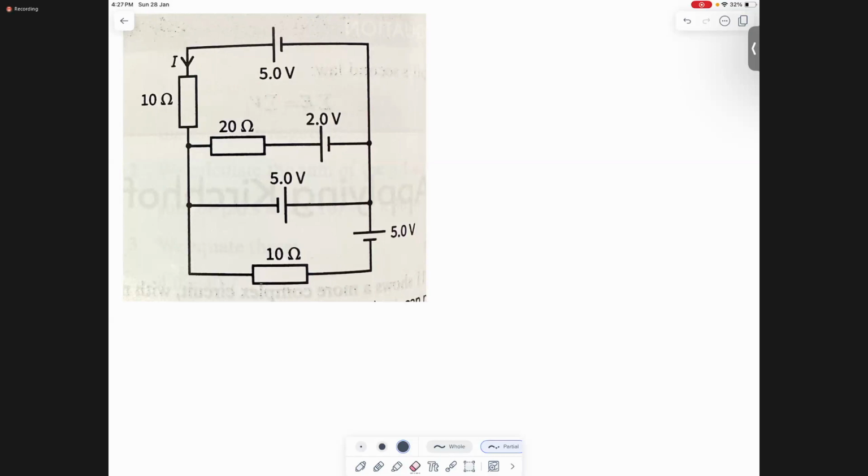Should have an answer now. 0.5. Just one. R2. 0.1.